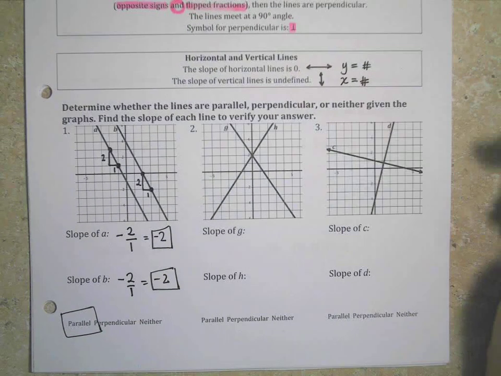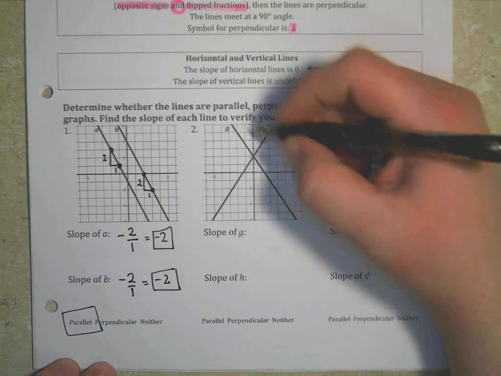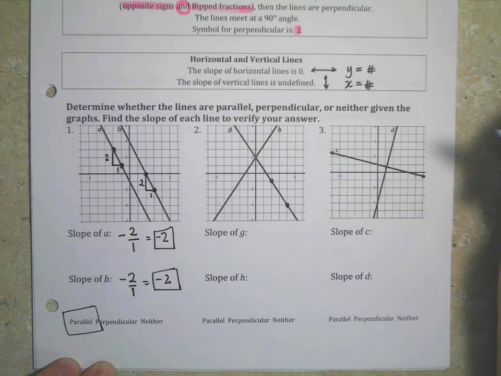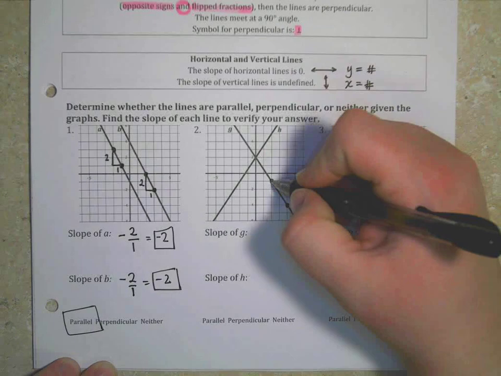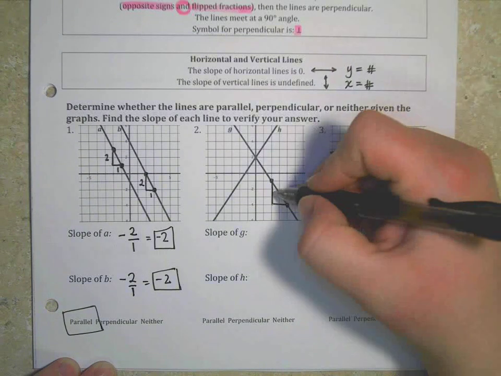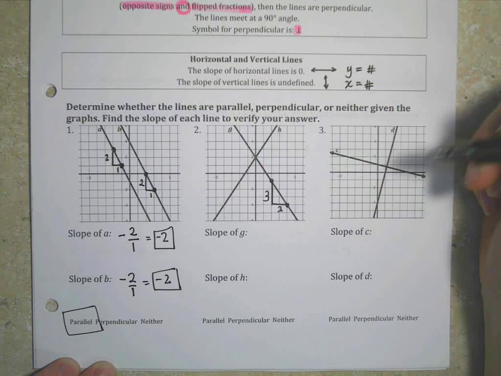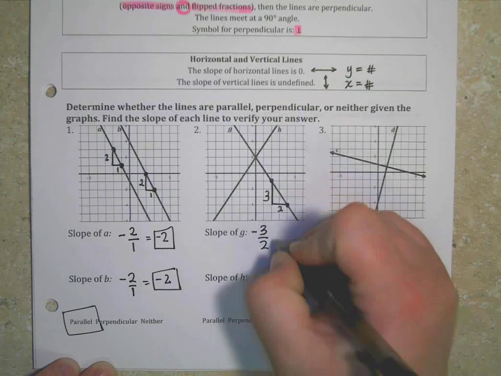Now these ones, they could be perpendicular, they're pretty close to each other, so let's double check. So find a nice pretty line on G. Well, it looks like there and there would be 2 good points that I could use for G. And again, doesn't matter, as long as they're crossing a whole number so that we can count. So this vertical is 1, 2, 3. Horizontal is 1, 2. It is going down and right, so it is a negative slope.